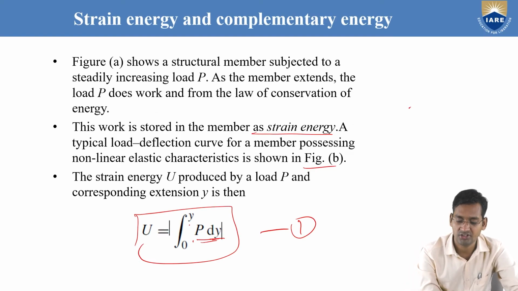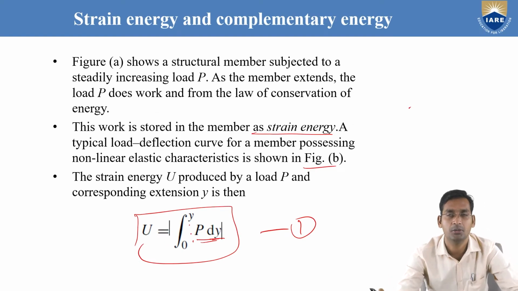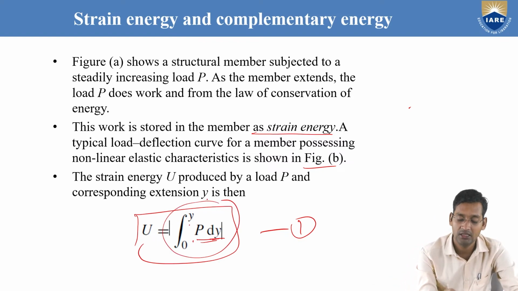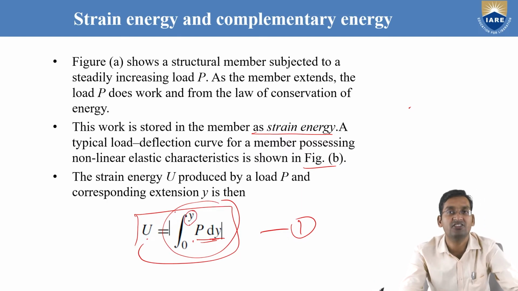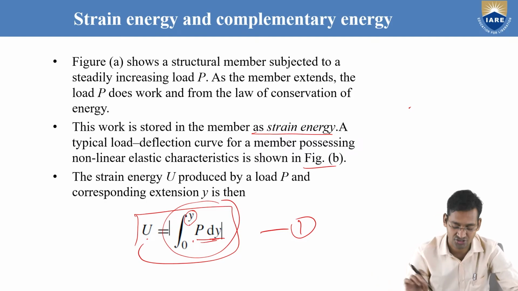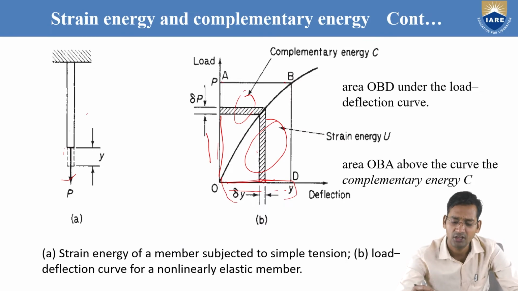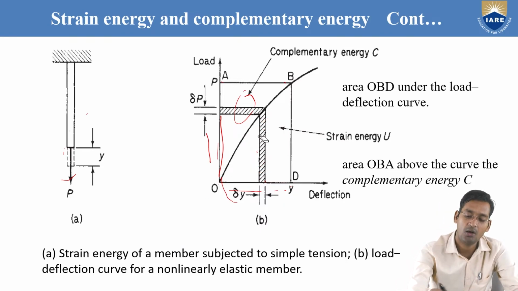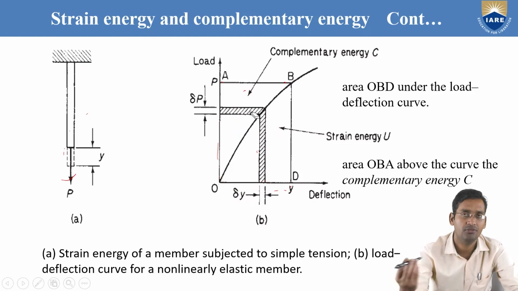Just recalling once again, U is the integral from 0 to y of P dy. This is the strain energy formula. For strain energy, the deflection y is variable. For complementary energy, the applied load is variable and the deflection is constant. From this curve, this is the strain energy part, and the opposite of that is the complementary energy.